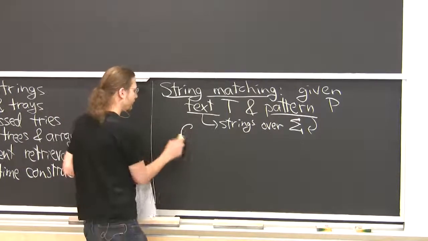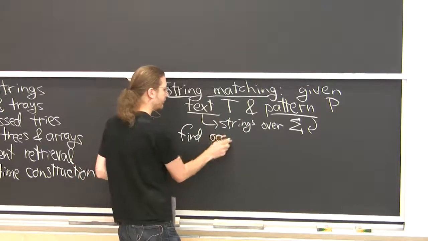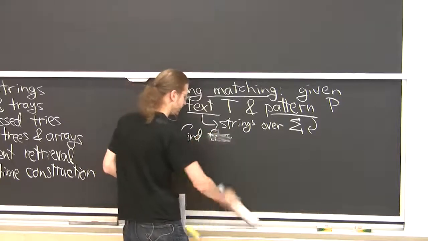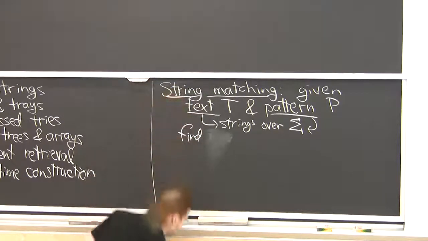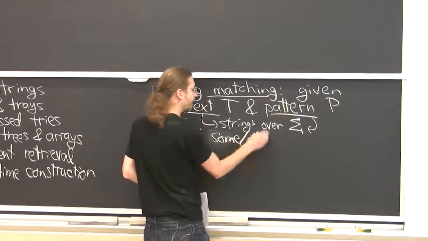And the goal is to find the occurrences of the pattern in the text. It could be we want to find some of those occurrences, or all of them, or count them.